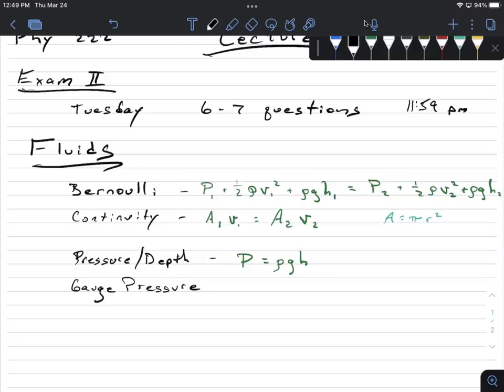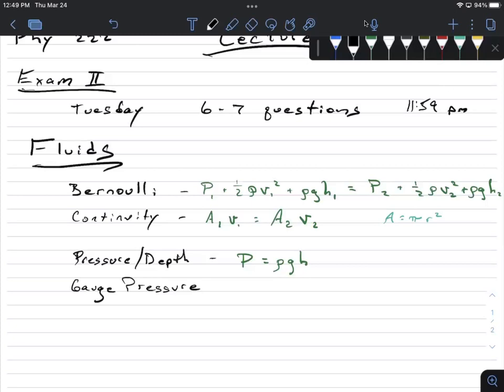Absolute pressure is accounting for the fact that you already have atmospheric pressure. So absolute pressure means what's the total pressure acting on an object? That would be how much pressure is due to the atmosphere plus how much extra it feels because of whatever it is you did.